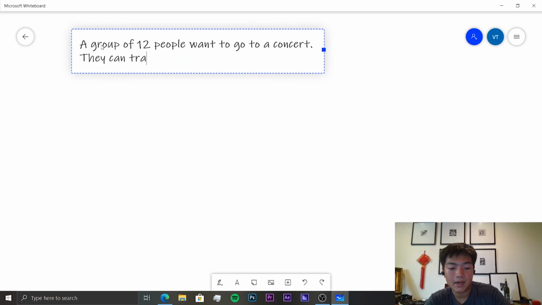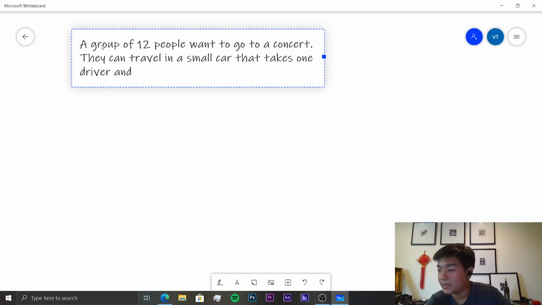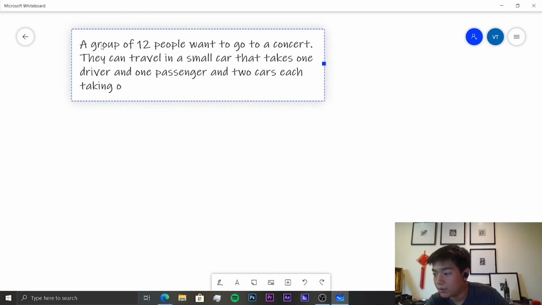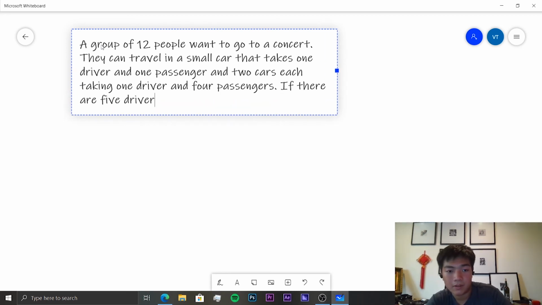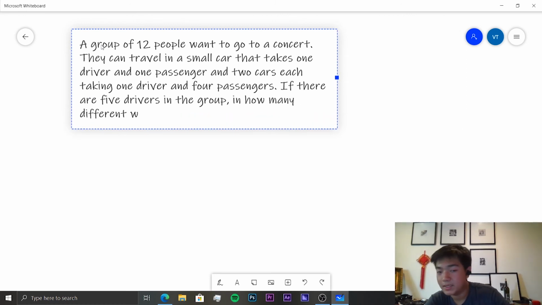They can travel in a small car that takes 1 driver and 1 passenger, and 2 cars each taking 1 driver and 4 passengers. If there are 5 drivers in the group, in how many different ways can they travel?